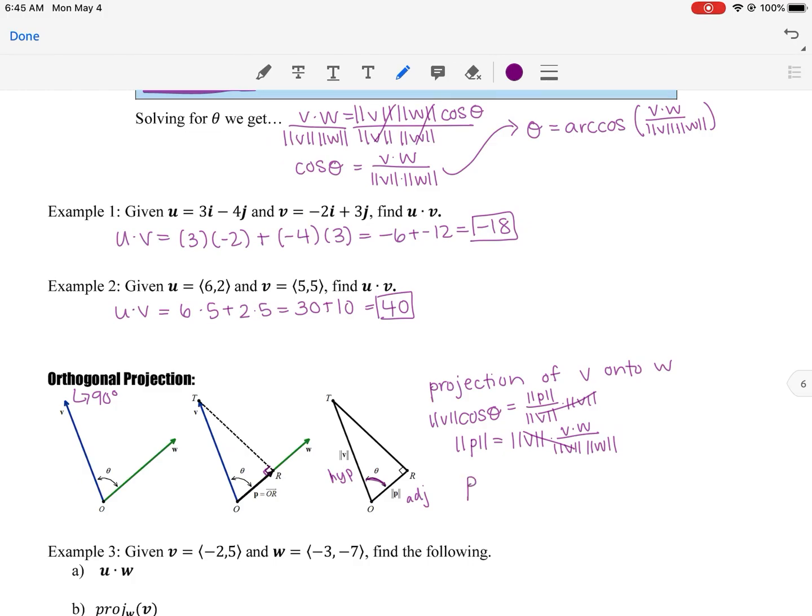To actually get vector p, I'm going to take the length of it, which is that dot product over the magnitude of w, and multiply it by the direction of w. You'd think about just multiplying by the vector w, and that would give you a vector, but I don't want to change the length, so I divide by the magnitude of that vector.